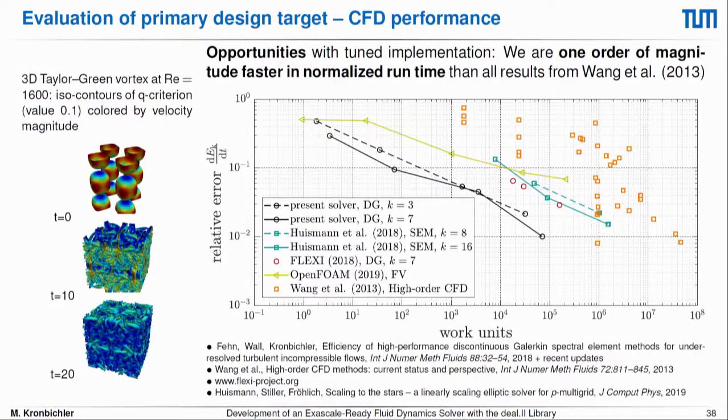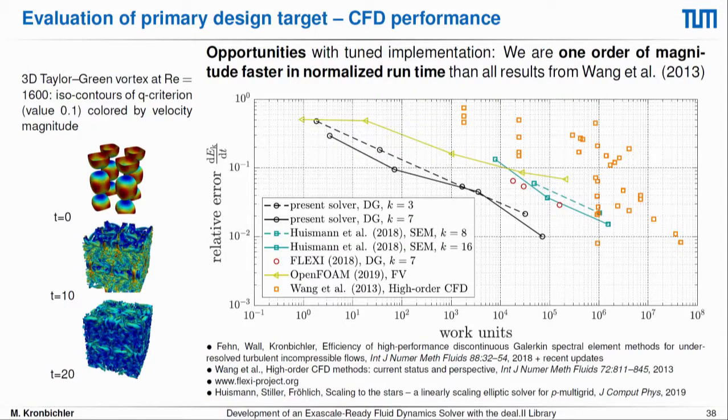And just the final slide here, so this is something we did for CFD. Since I started with a CFD application, I want to stop with that. This is a plot with accuracy on the right-hand side, so error over the runtime that you spend, and this is normalized runtime to make different systems comparable. CFD is an area where many people have been investing money, and you see that has been a benchmark, which is the orange dots here.